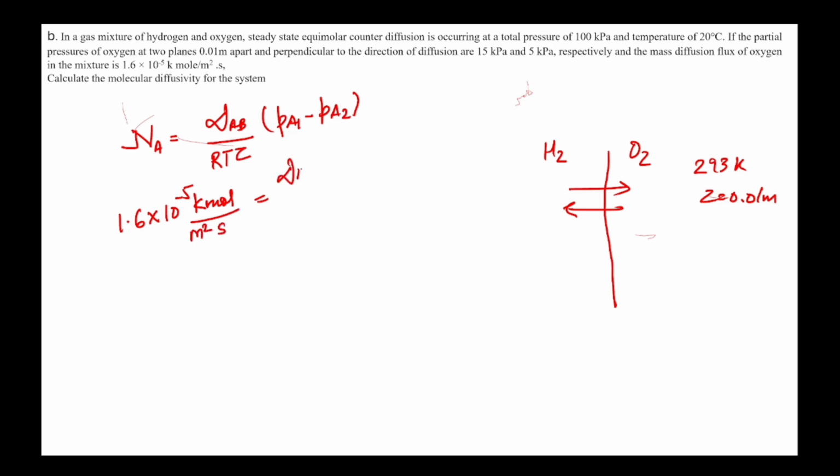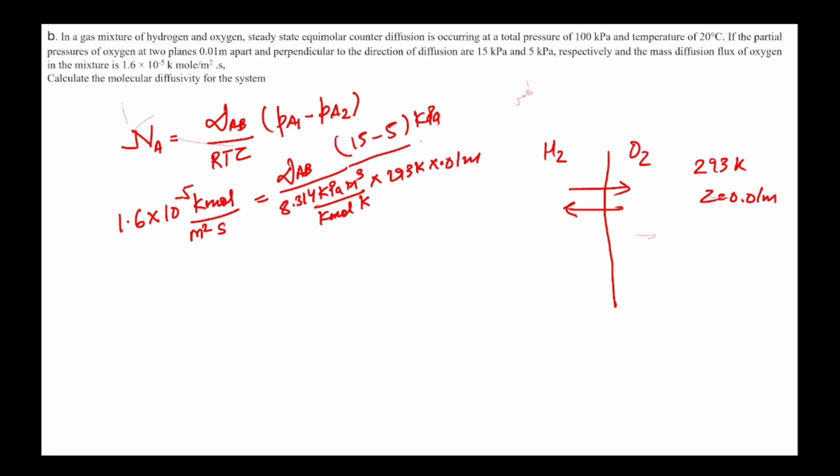Okay, R is 8.314 kilopascal meter cube per kilomole Kelvin, temperature 293 Kelvin, Z 0.01 meter, PA1 minus PA2 is 15 minus 5 kilopascal.